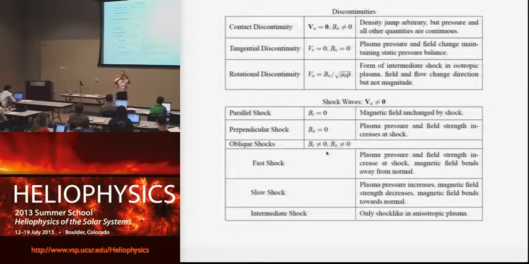So we have this whole hierarchy of different discontinuities, but as I said, we're just going to concentrate on the discontinuities where we've got shocks. So we have a compression in the density. We have an increase of entropy. And we're also then going to be able to classify different kinds of shocks, whether they're oblique, parallel, perpendicular, depending essentially on the normal component of the magnetic field and this magnetic geometry.